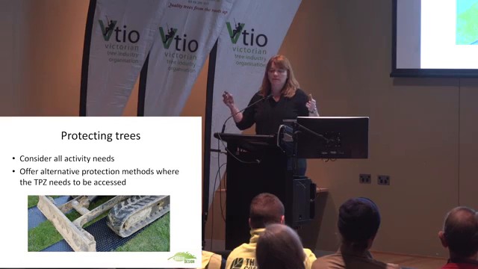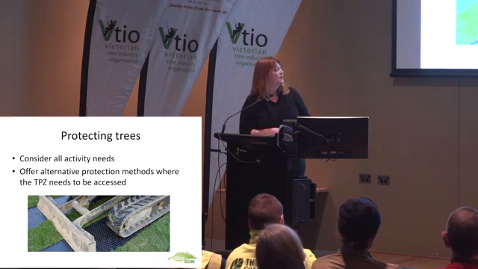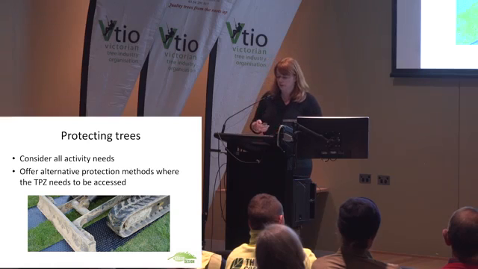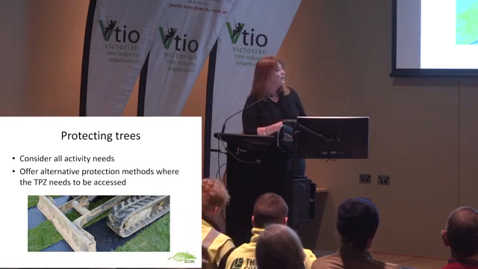The trees were protected. It was put in at the start, taken out at the end. I've seen people build temporary crossovers to assist with the same sort of thing. If you can come up with ideas that are outside the box that help your client, I think it's great. It doesn't all have to be what's in the standard. The standard is the basic and the minimum.